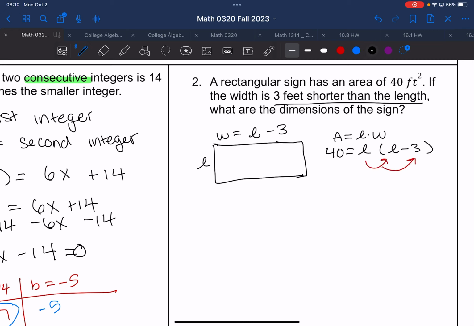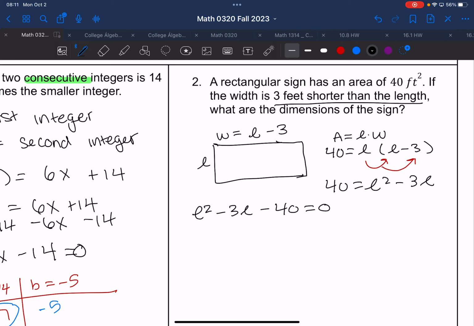So I have 40 equals L squared minus 3L. And I want this in terms of the standard form for a quadratic equation, so it has to be equal to 0. So what am I going to do to that 40? Subtract it over. So I have L squared minus 3L minus 40 equals 0.